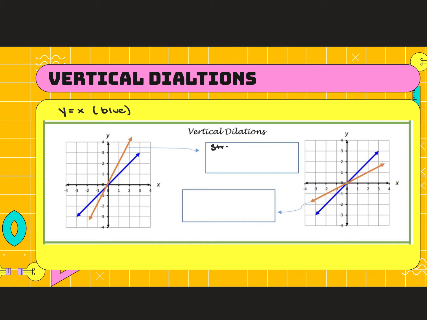If we remember from the previous slide, this would be an example of a vertical stretch because the slope is greater than 1. So this is a stretch because the slope is greater than 1.